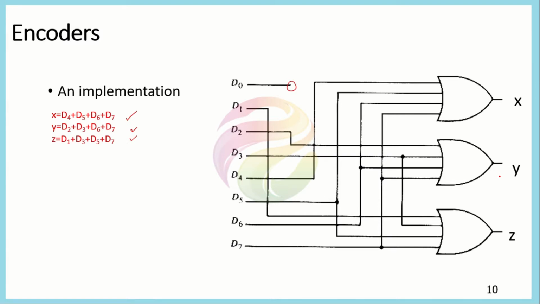And for the z, we combine d1, d3, d5, and d7. In this way, we design a circuit for a simple encoder system. These are generally the inputs of the system. At any given time, only one value could be equal to 1, and by just ORing the respective inputs, we get the values of x, y, z accordingly.